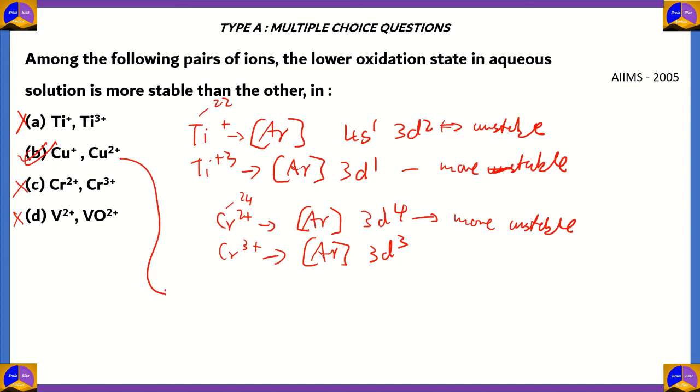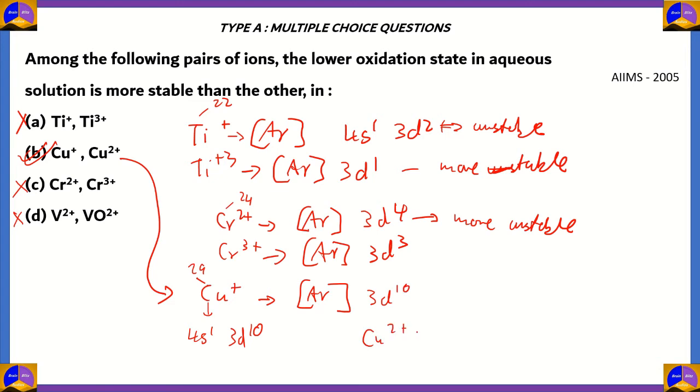But how do we prove it? So if you look at Cu+, you know that copper has atomic number 29, so that means copper has the unique way of representing 4s1 and 3d10. So if one electron is removed, then it will be just 3d10.